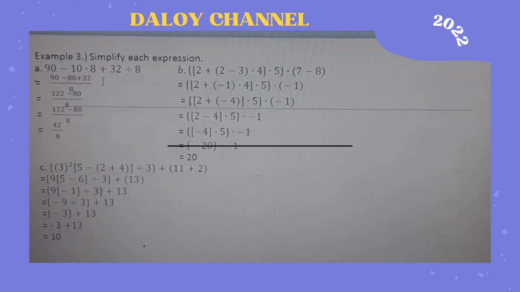So we have to combine first the numerator values and after that simplify with the denominator. So after multiplying, 90 minus 80 plus 32 over 8 would now be our first simplified step.